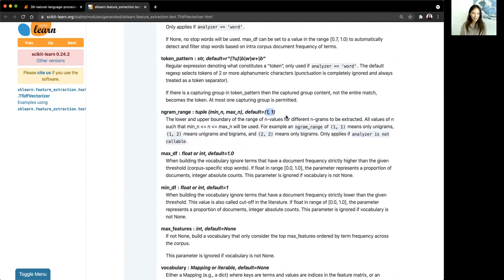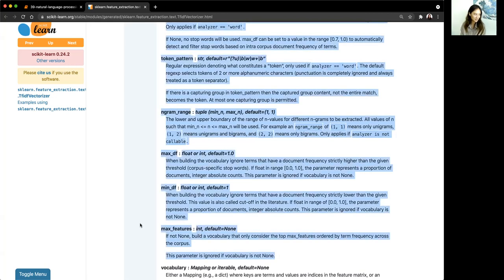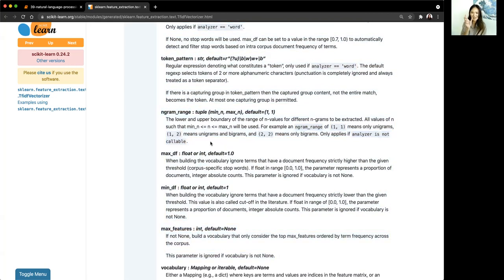But if you do n-grams, I highly recommend you do it in conjunction with something like max features, because you can imagine it's going to take every occurring pair of words and make it into a new feature. So your feature set will really blow up if you don't do a combination of max features and n-gram range. And you will also get a bunch of word pairs that are possibly essentially meaningless.